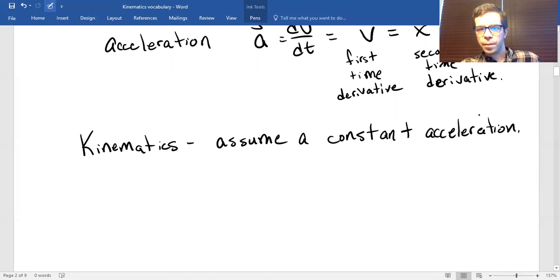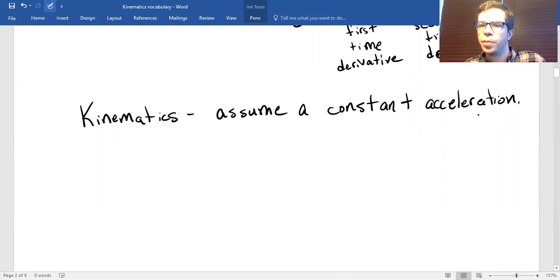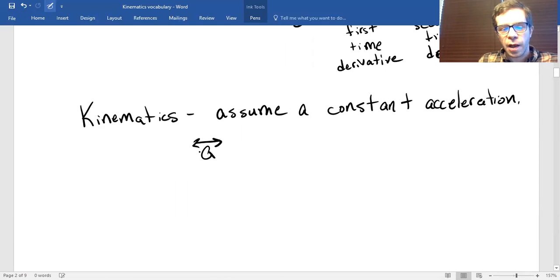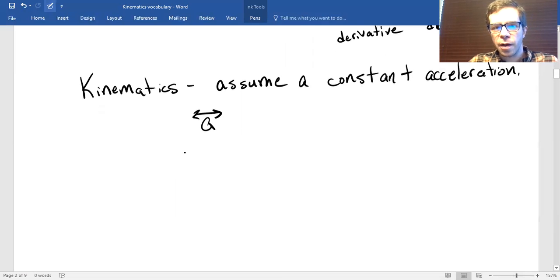Now that we've set up our relationships for acceleration, velocity, and position, we can derive our kinematics equations. So all I'm starting with is a constant A. This double bar on top is a way of denoting constant, whereas you could say increasing, it would have an arrow up next to it, and decreasing, an arrow down next to it.